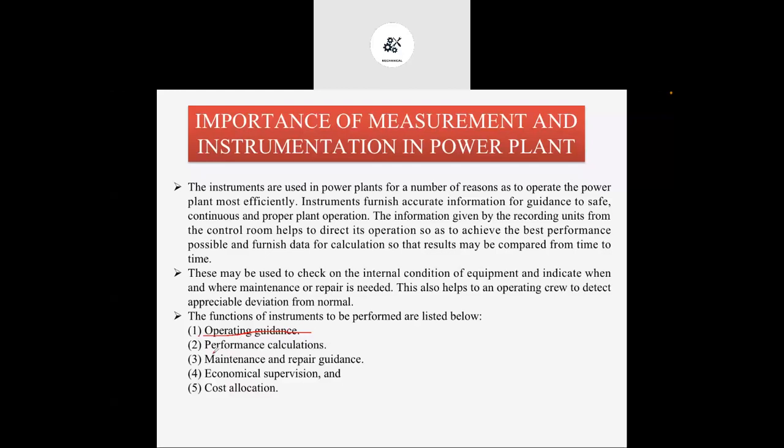For that, we use the instrumentation to calculate the performance of the plant. Then maintenance and repair guidance, then economic supervision, then cost allocation, etc. These are the different functions for which we use these instruments.